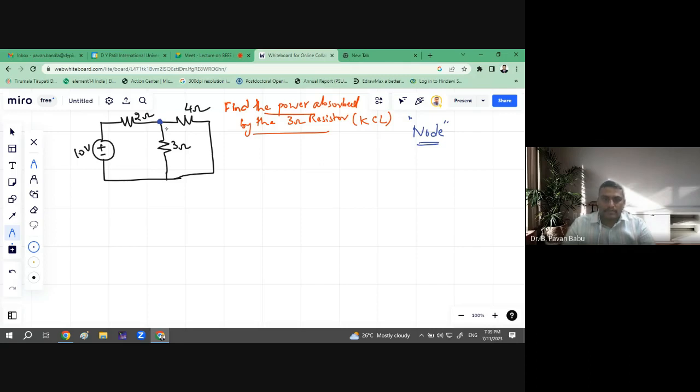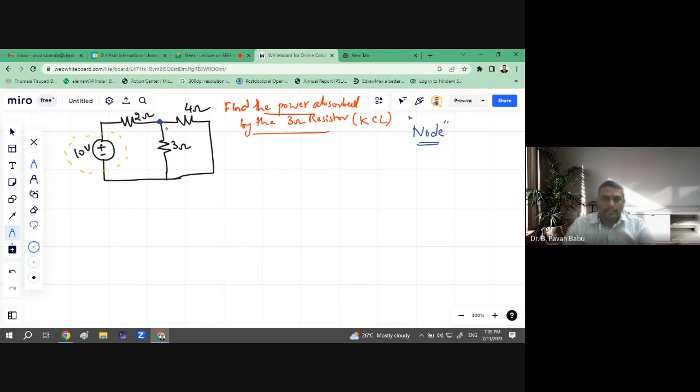Coming to this again, the 4 ohm resistor is connected, but there are no other branch elements here. I hope you can see the screen. Let me draw the dotted lines. Since it is a single voltage source, a single element, I cannot consider it as a node.